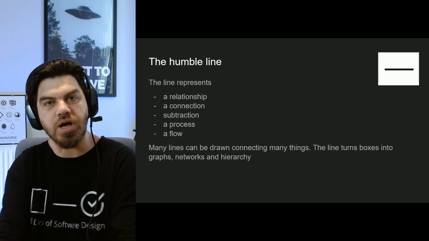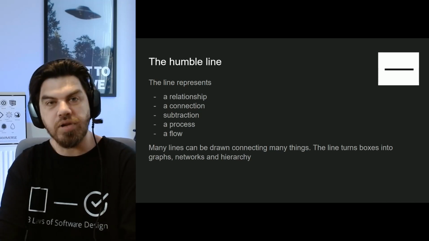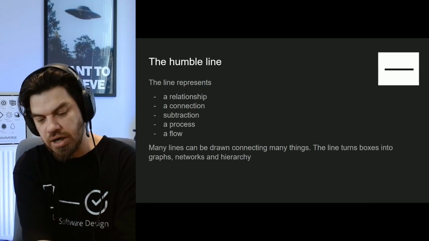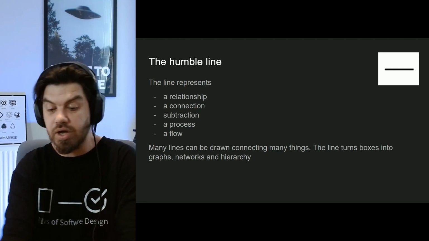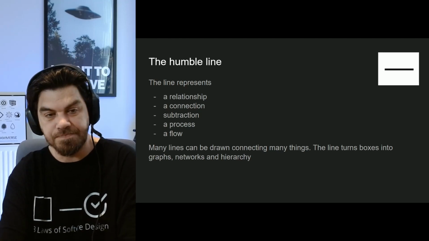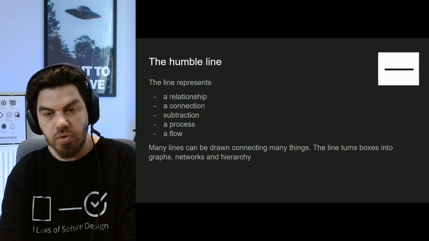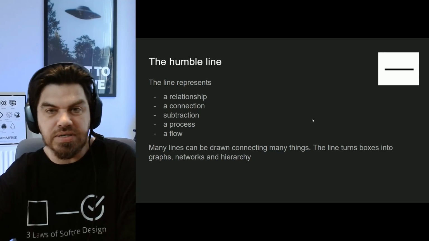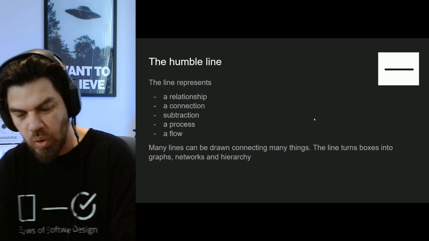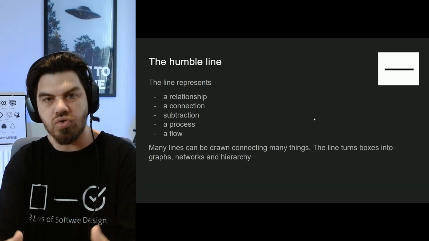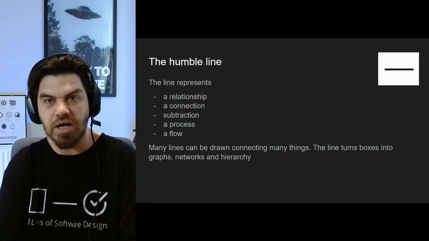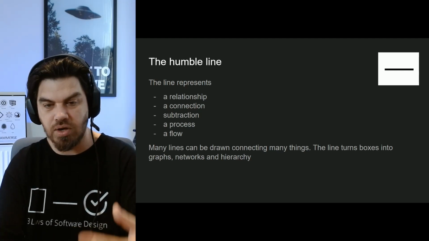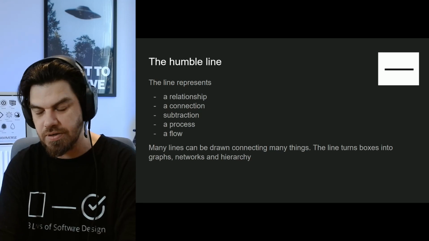Now you've got some kind of flow, some kind of pipeline, some kind of transition, some kind of constraint or filter on that line. And we can represent that with a box and a line. So lines and boxes are extremely important for how we draw and how we think and how we utilize them for abstract thoughts onto paper.